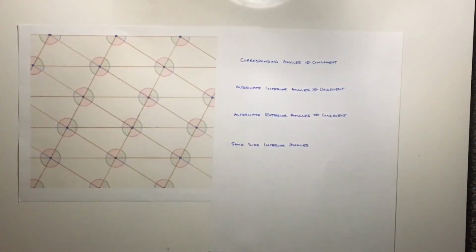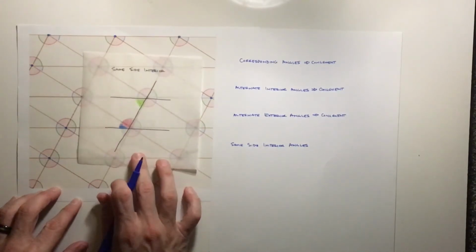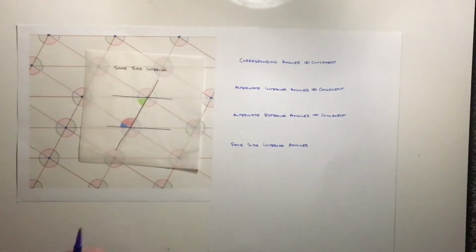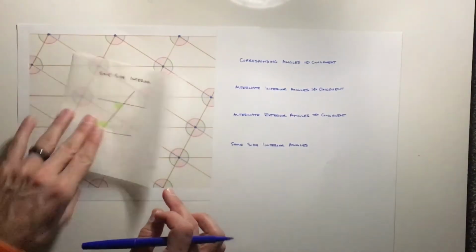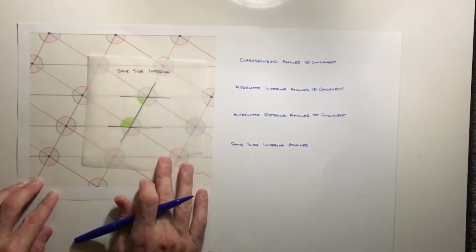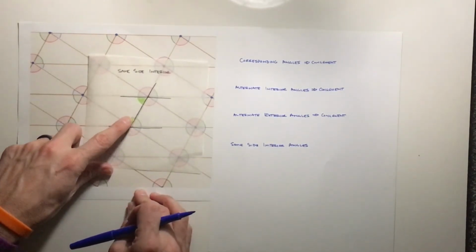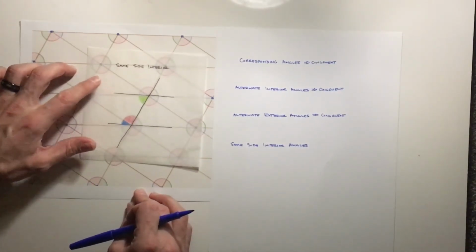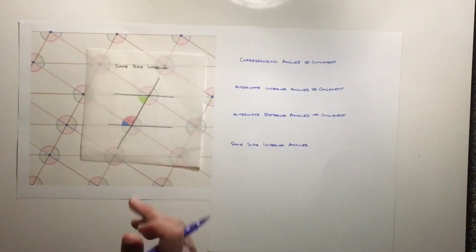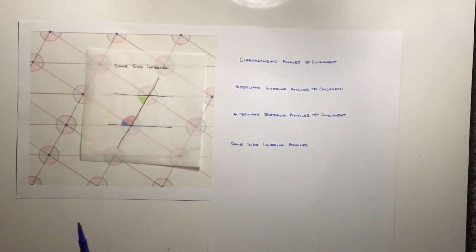What about same side interior angles? Well, here I actually have something slightly different. Same side interior angles. Hold on. We initially represented them as so. However, you can tell that even though I represented them as so, those angles down here aren't also green in color. They are in fact red and blue. Same side interior angles are green, red, and blue.